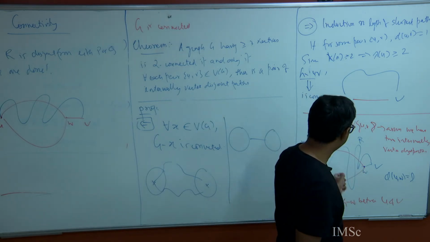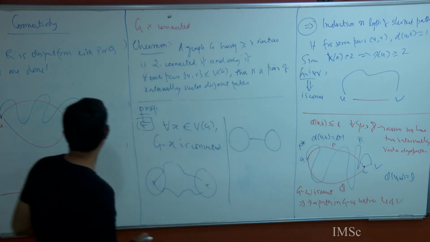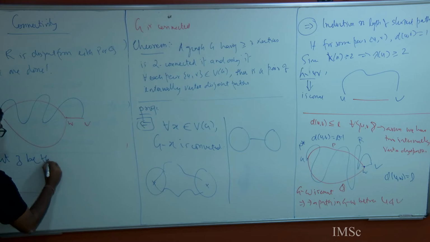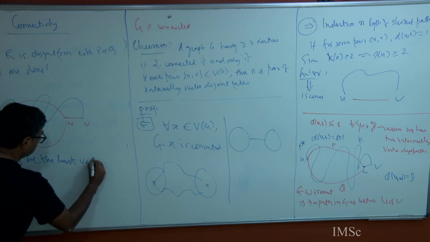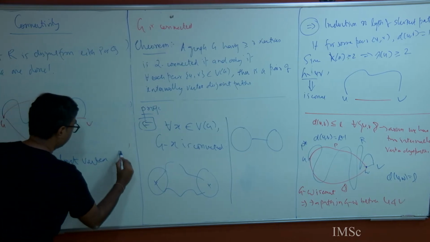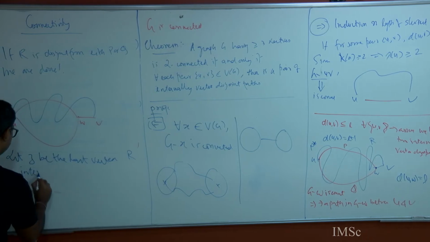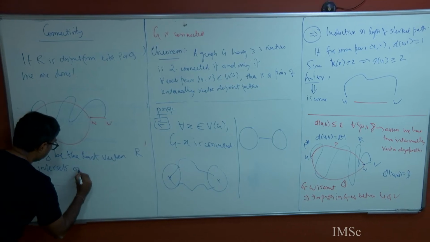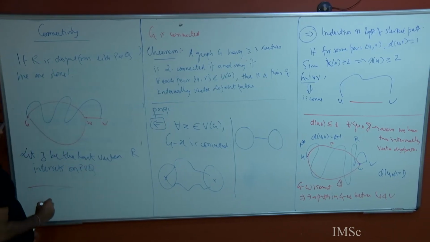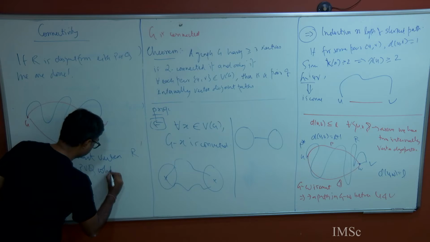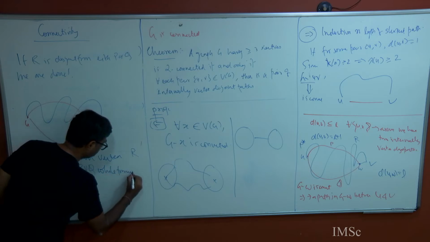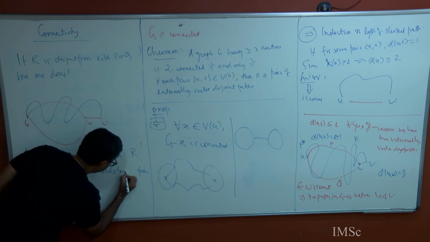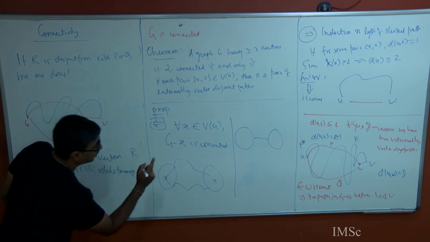Look at the last time it intersects P union Q. Let Z be the last vertex where R intersects P union Q while traversing from u to v.